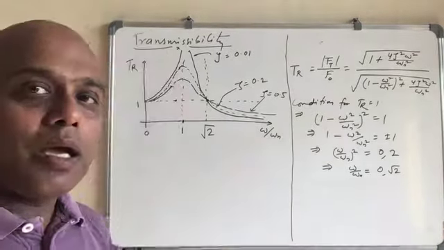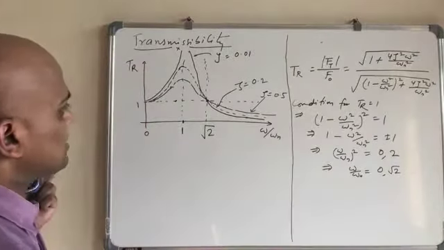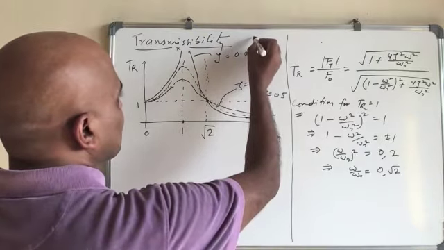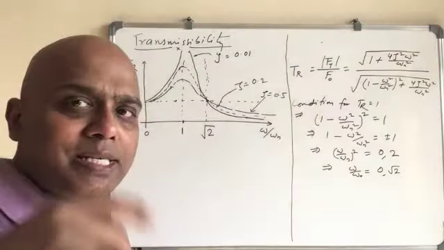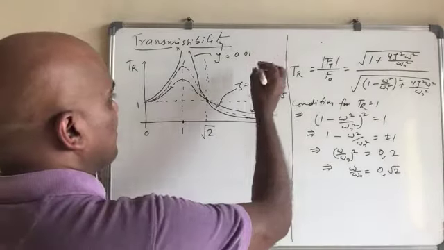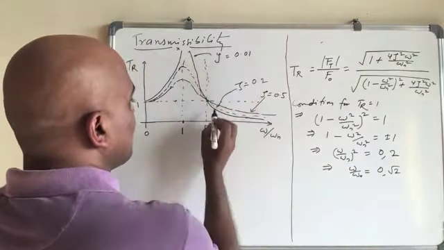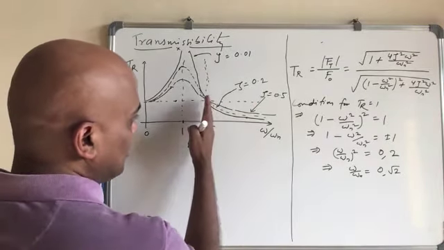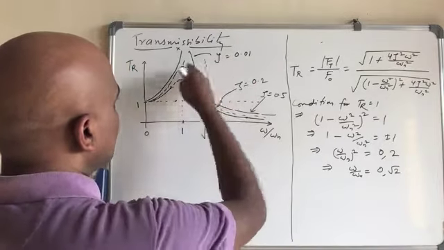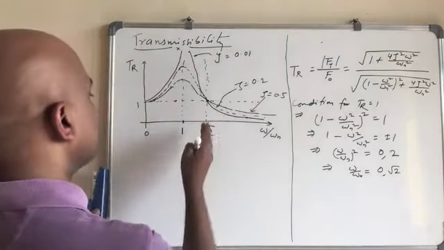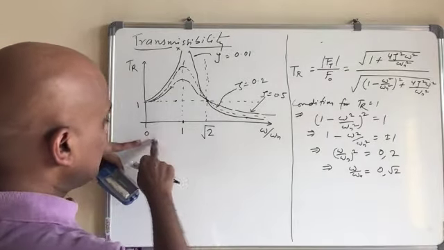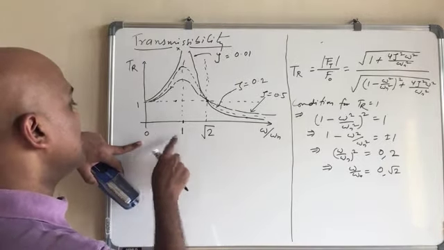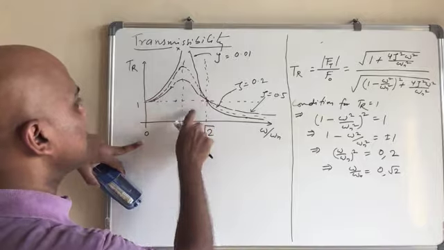Okay. Also note that in any case, if there's a rotor, for example, it's better to operate somewhere beyond this omega divided by omega n equal to root 2, so that your transmissibility is less than 1, because when the ratio of omega divided by omega n is between 0 and root 2, you know that transmissibility is always more than 1.